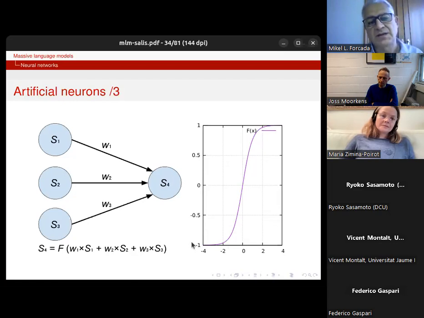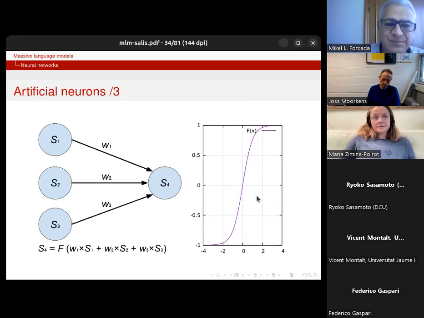And when the stimuli are very negative and add up to, let's say, -4, you want them to be close to -1. In the middle, you get something linear. The more stimulation, the more activation you have. But at the end, you get some saturation. This is a particular kind of neuron called hyperbolic tangent neuron, but there are other kinds of neurons which have different function shapes.